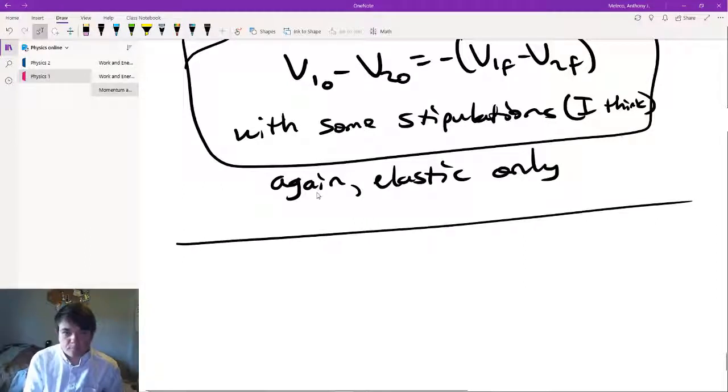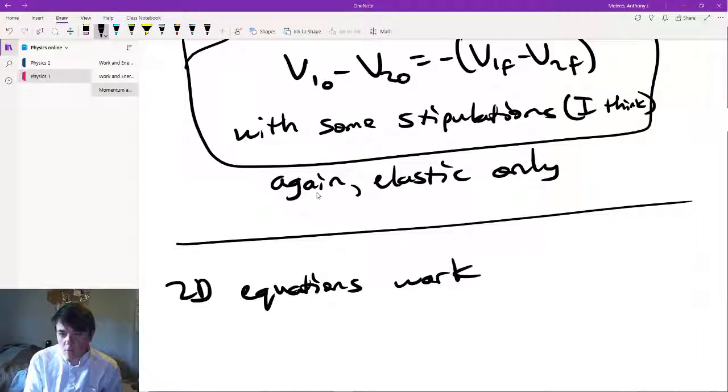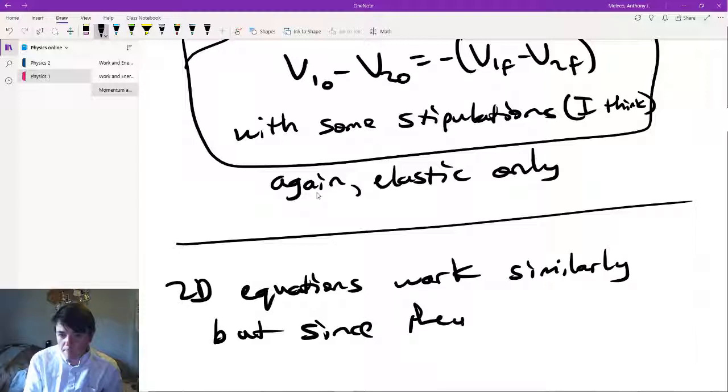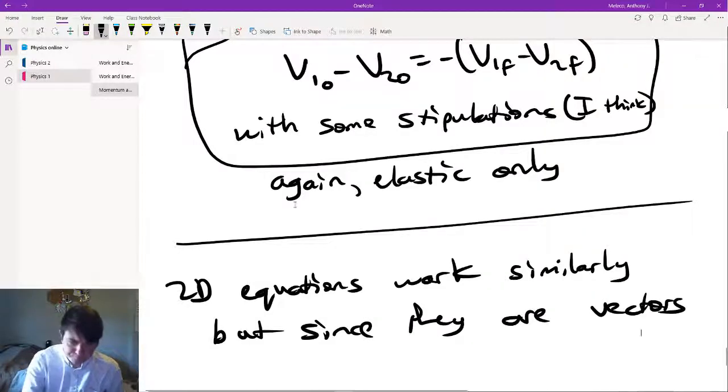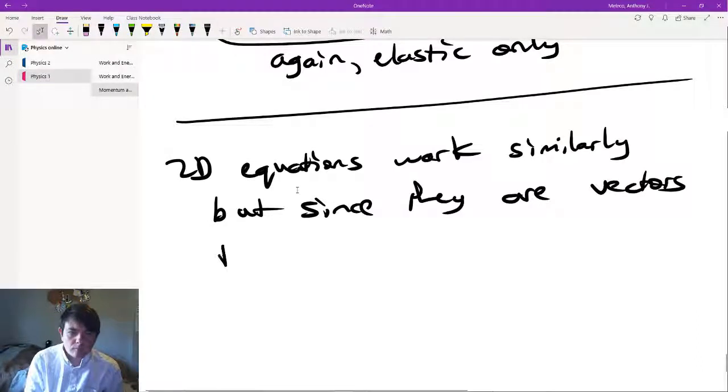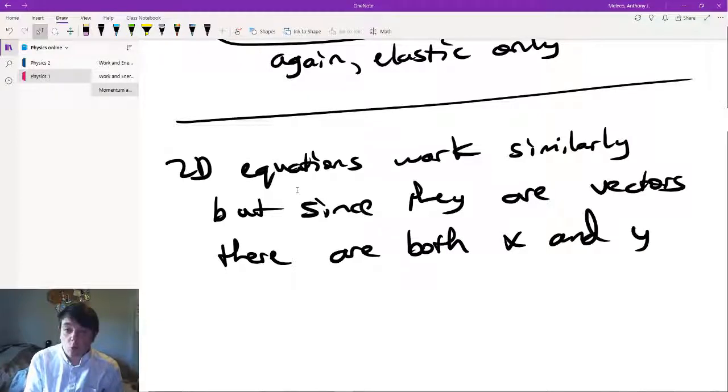Okay. So 2D equations work similarly, but since they are vectors, there are both x and y equations.